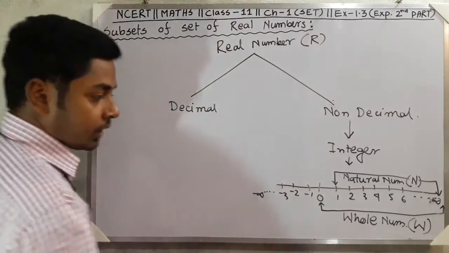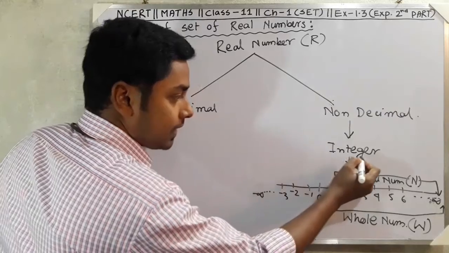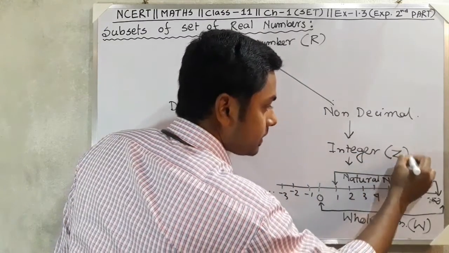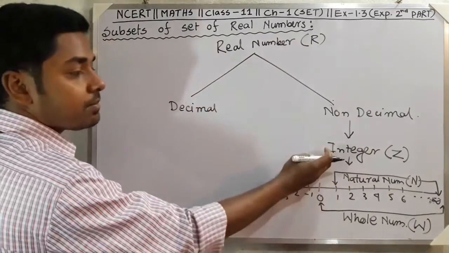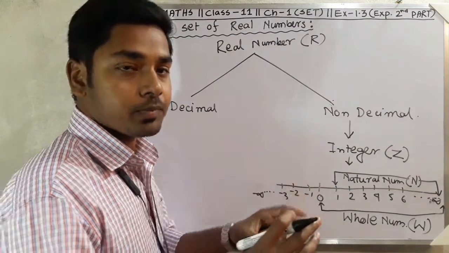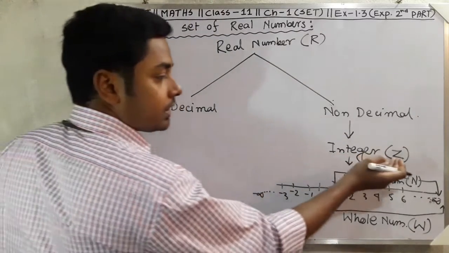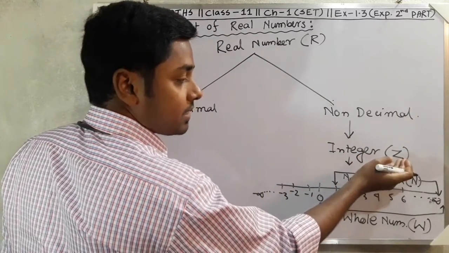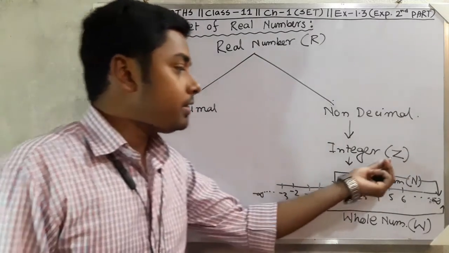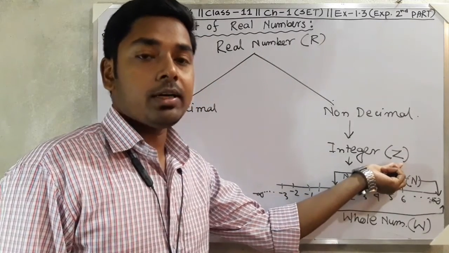And the set of integers is denoted by Z. Integer means positive and negative integers together. So in the set Z, what are the elements?